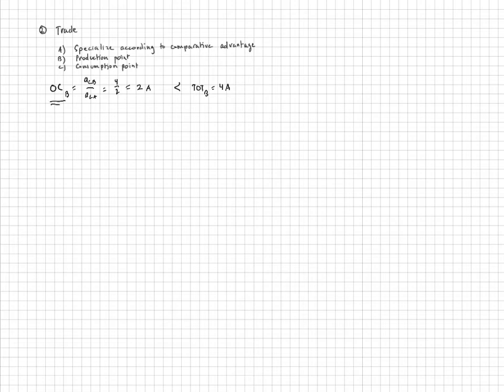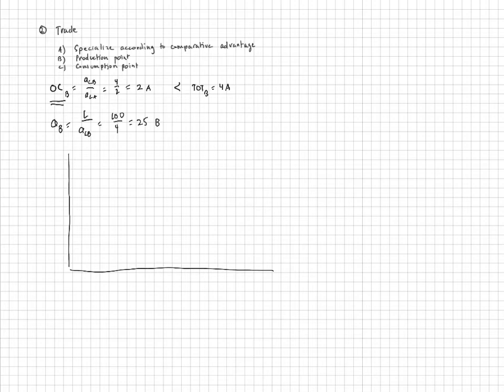So this country has a comparative advantage in good B. All right, so if it specializes according to comparative advantage, then we know that the country will use all its resources in the production of good B, which would be equal to 100 divided by 4, so that would be equal to 25B. All right, so let me just sketch that in here real quick.